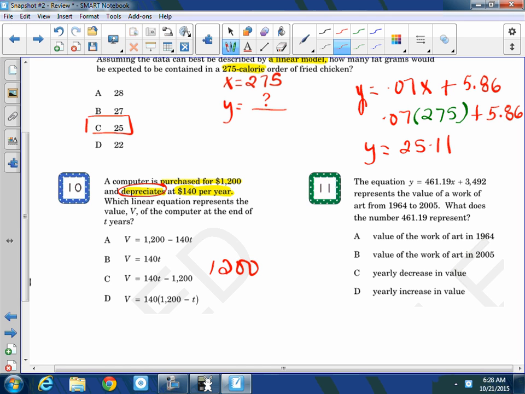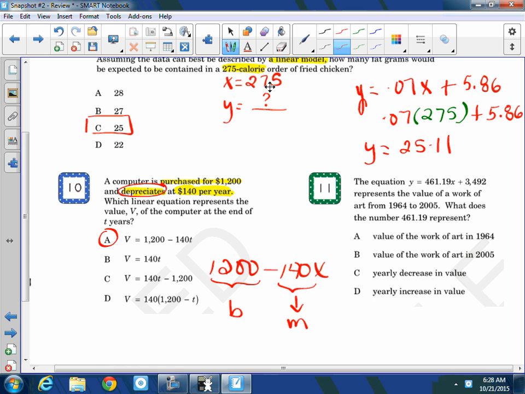Depreciate means that it's going down. How much per year? That would be your slope. So it would be 140x. So again, starting point, that's your B. How much it changes per year, that's your M, which would be your slope. So which one has that? It would be letter A.